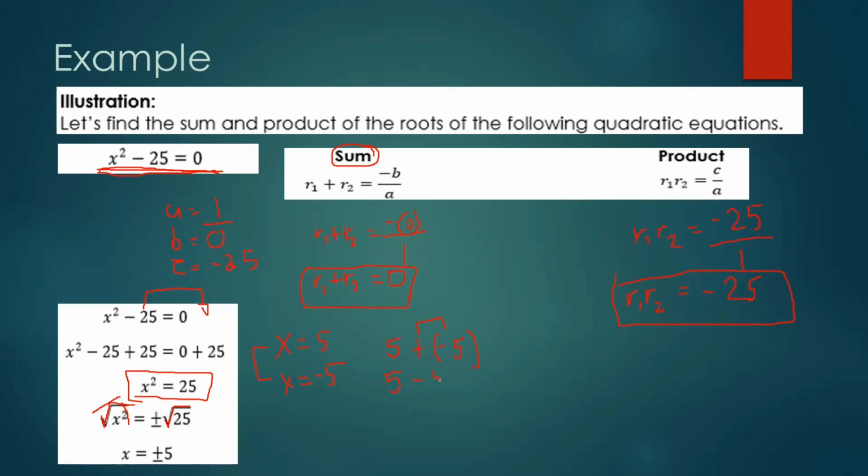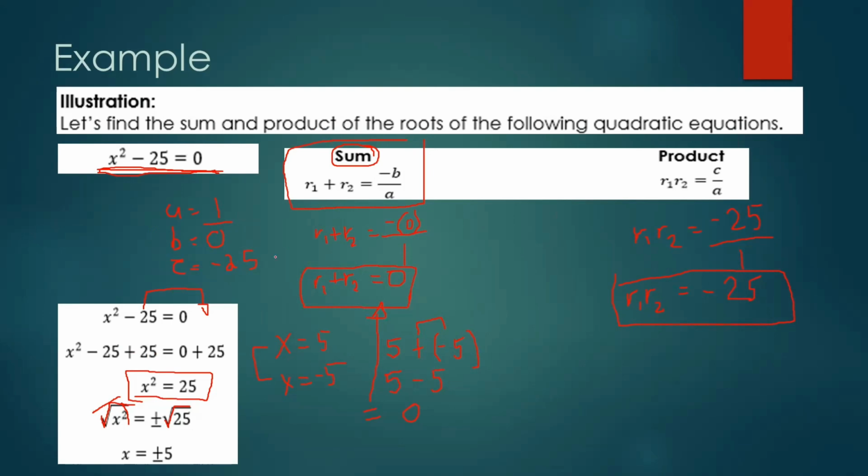And then, 5 minus 5 is equal to 0. So, if you can notice, our answer here is the same as in the formula we used, negative b over a. So, therefore, you can use this formula in finding the sum of our roots without solving it using the methods that we have, like extracting, factoring, completing the square, and quadratic formula.